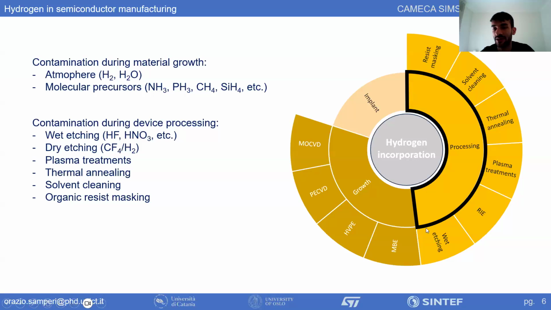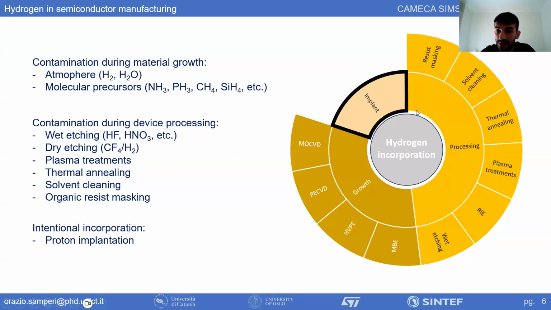With processing, we have a lot of sources of contamination, mainly surface and subsurface contamination, like etching treatments, plasma and thermal annealing treatments, and other treatments, like all the operations related to photolithography, like covering with masking resist and so on. But you can also incorporate hydrogen by proton implantation, and this is something you do intentionally, basically.